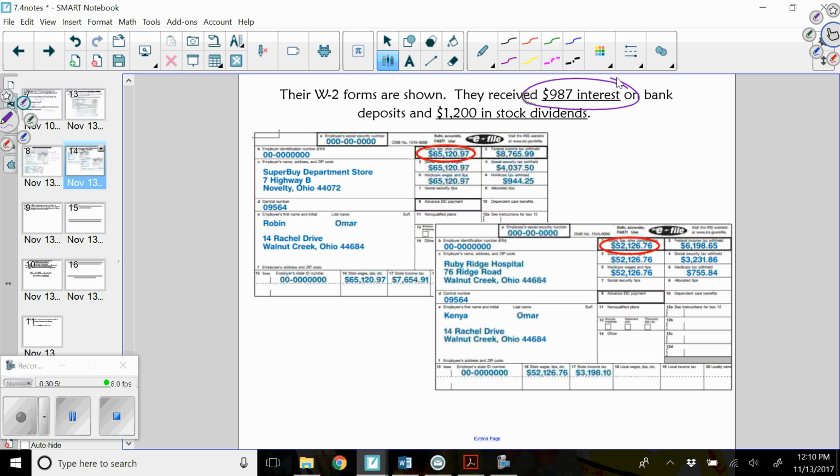Right there. All right, so the next part says tax exempt interest. Do we have anything that says their interest is tax exempt? No, it just says interest, so I don't have anything for that. All right, 9A, ordinary dividends. Do we have dividends? Yes, that's our stock dividends of $1,200.